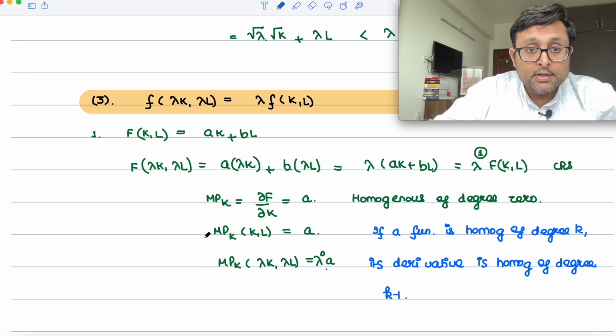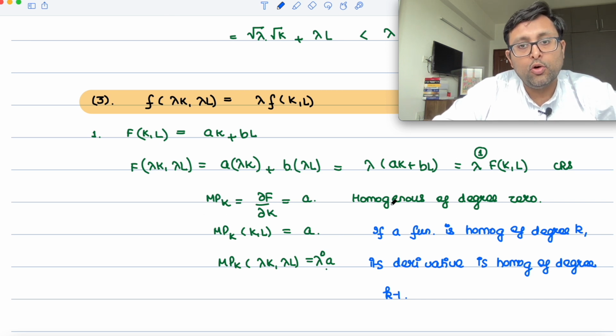So in this case, MPK is the first order derivative of the production function. This production function was homogeneous of degree 1 and its first order partial derivative with respect to K is homogeneous of degree 0. Keep this in mind.